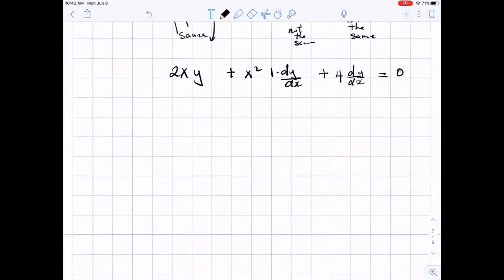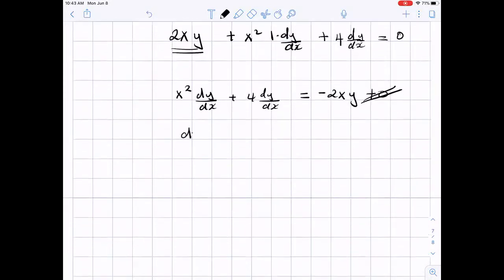Now we isolate dy/dx. So this term will go to the other side. So x squared dy/dx plus 4 dy/dx is equal to minus 2xy. There's no need to write plus 0, so we leave it out.